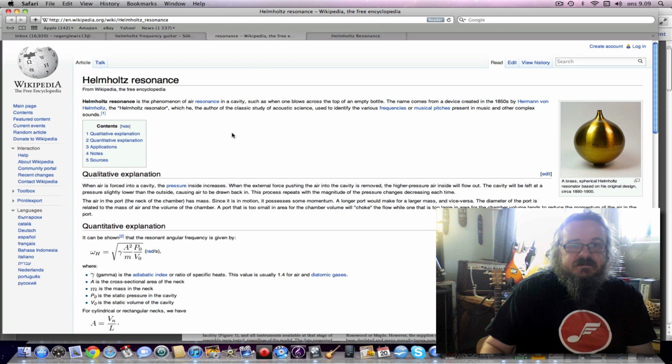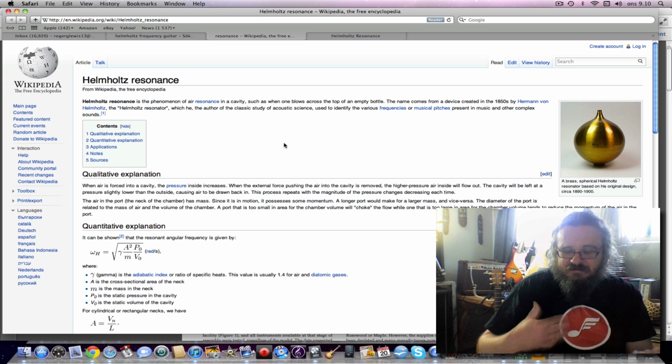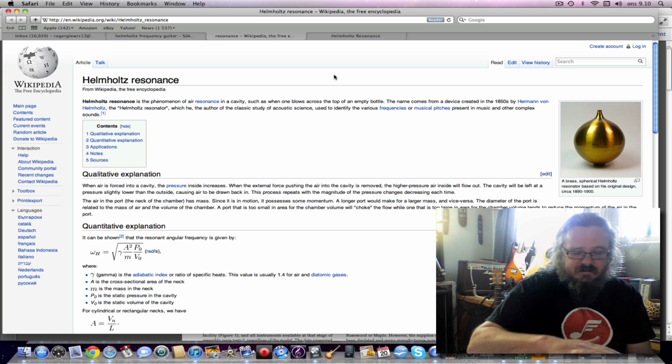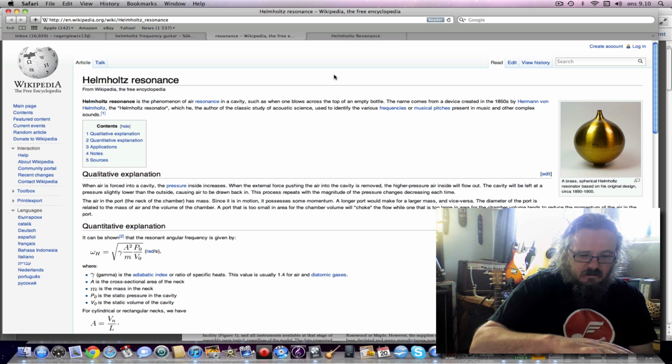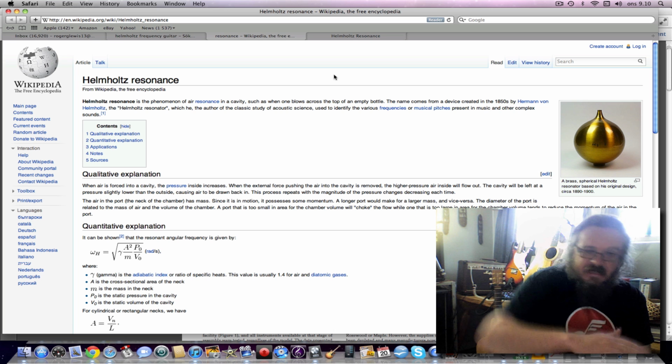Wikipedia on Helmholtz resonance explains how gas, usually air, acts in a cavity. Obviously the cavity in a hollow body acoustic guitar is such a cavity, and the hole is an opening in that body, and the air moves up and down.